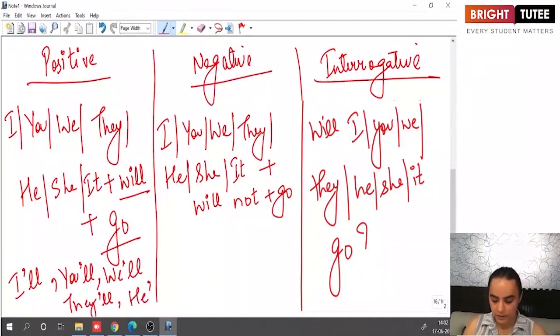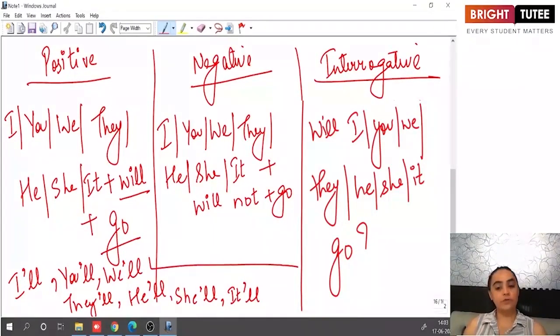He will becomes he'll. She will becomes she'll. And it will becomes it'll. So this is how we write the contracted forms for the positive sentences.